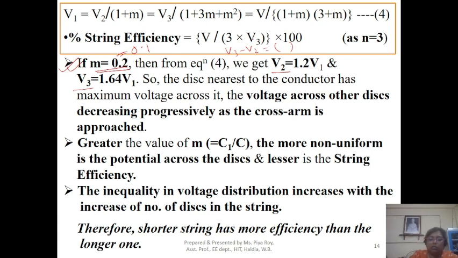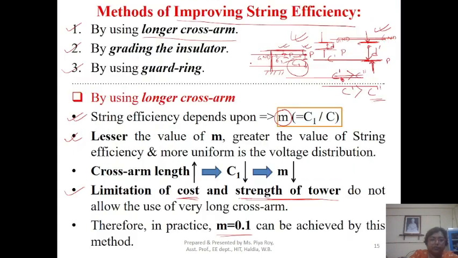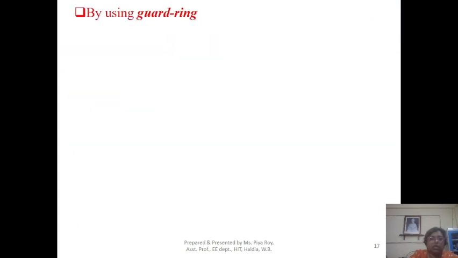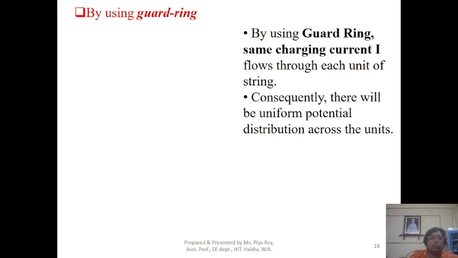This way, string efficiency can be improved. Decreasing differences means we have better string efficiency. Just put all these values in the expression and you will understand. The next method is by using a guard ring.